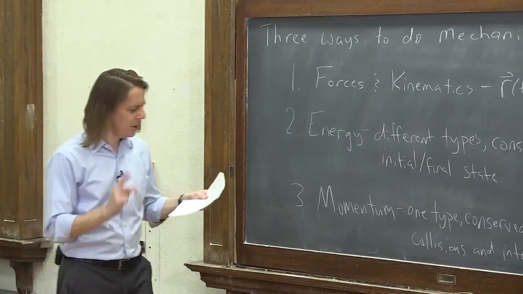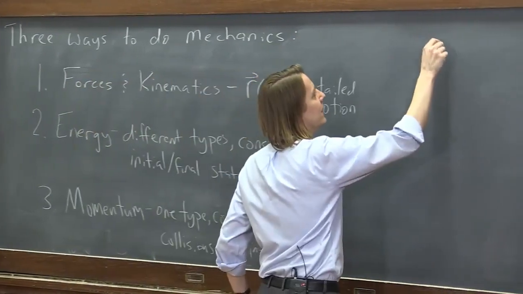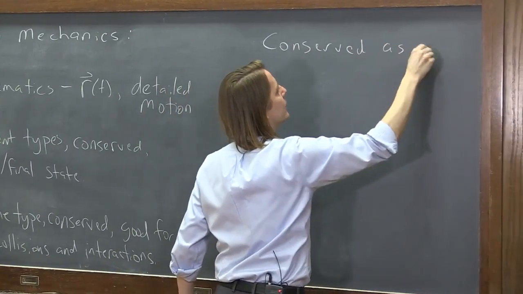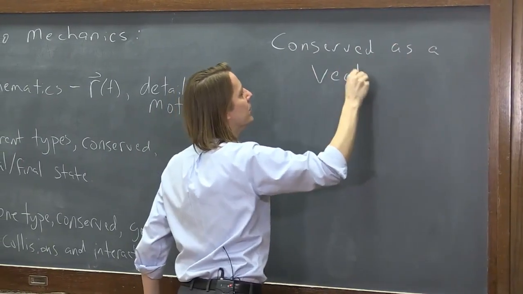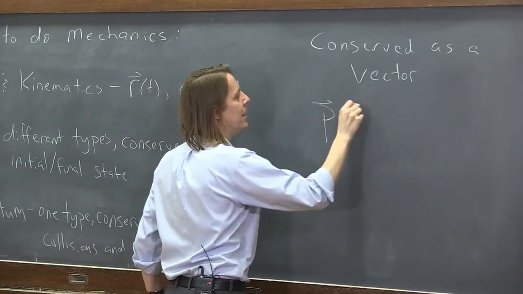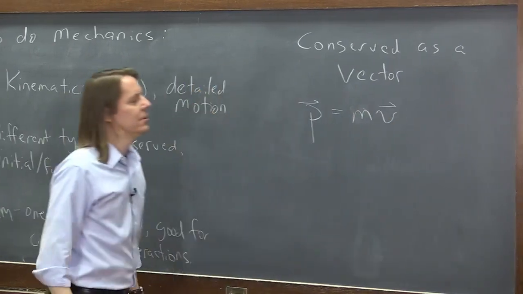Now, one thing about momentum I want to point out is that it is conserved, but let's get a little more specific, as a vector. Momentum, p, so little p is momentum, it's the vector mass times velocity.